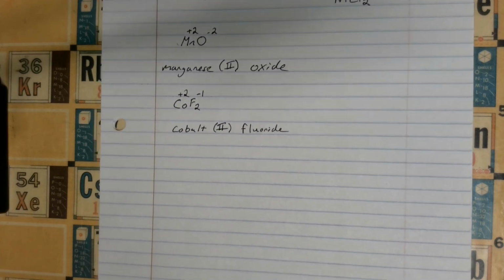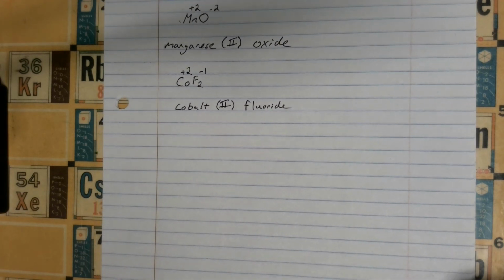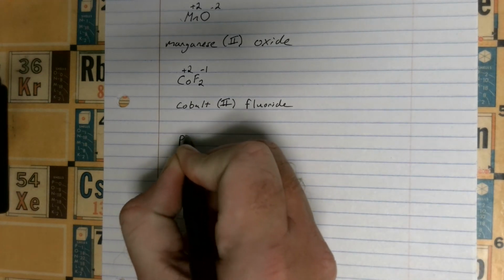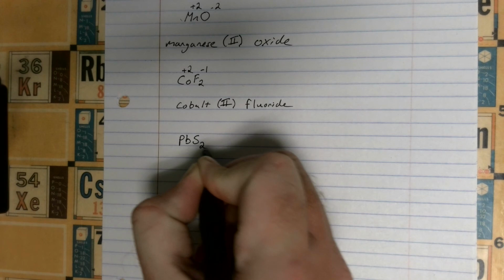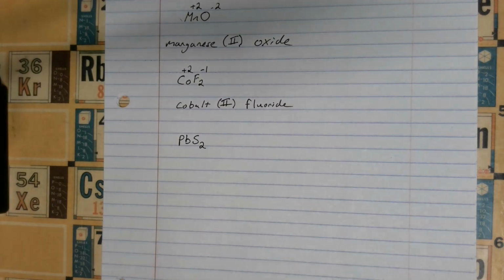We will do PbS2. Now lead is technically in group 14, which we gave the charge of ±4 the other day, but tin and lead and antimony and bismuth, those elements that are under that staircase line on the periodic table, we group those in with the transition metals because that's how they act.